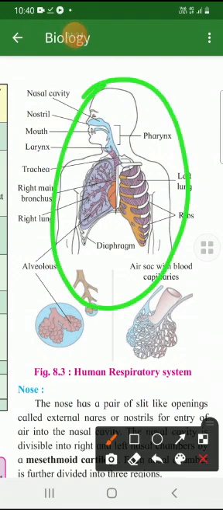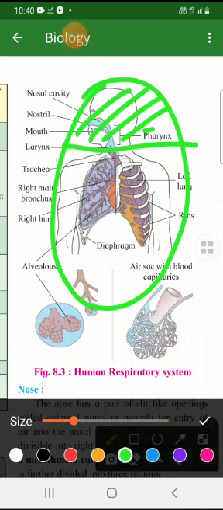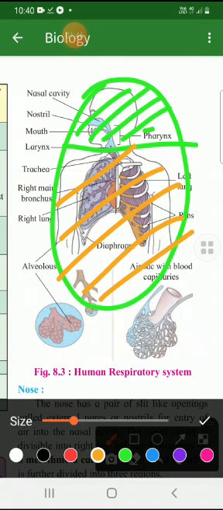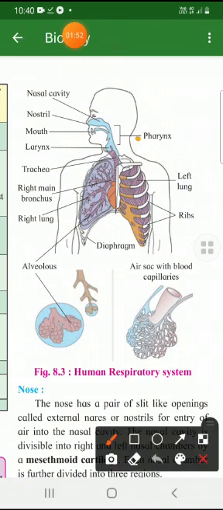This is your respiratory system divided into upper and lower. This part is the upper respiratory system and this part is the lower respiratory system. So the upper respiratory system ends at the pharynx.